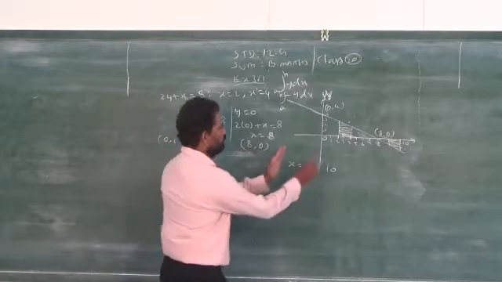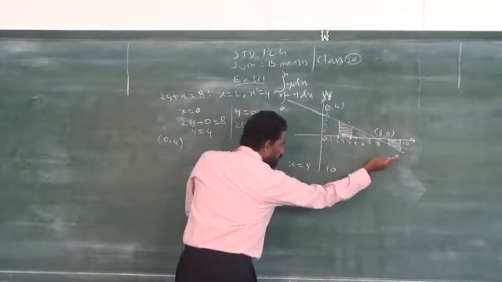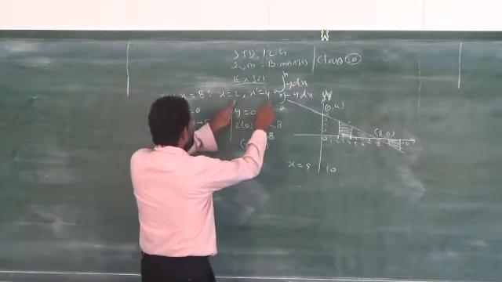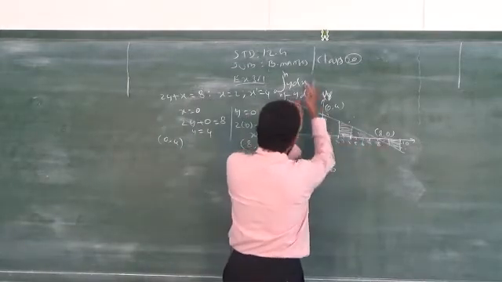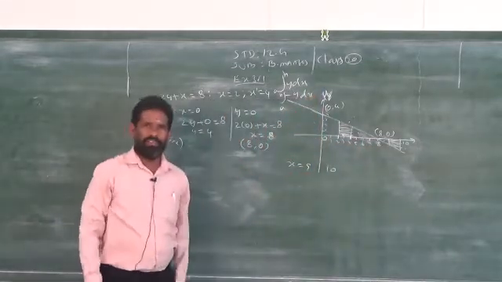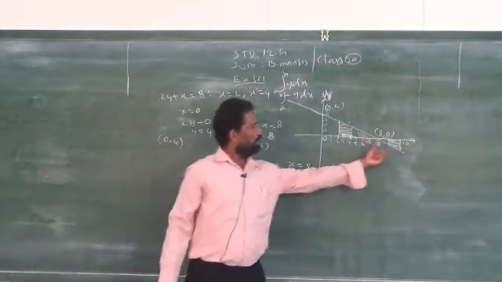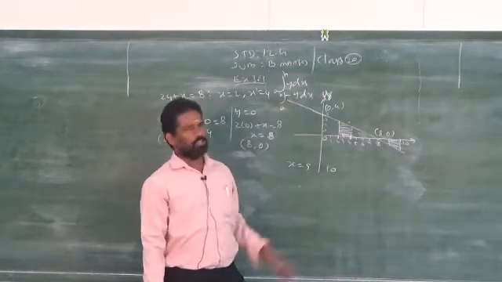So I explained with the help of an example: from 9 to 10, I got below the x axis, same straight line. When the limits are changed, you see a different formula, isn't it? Same straight line. When I change the limits, I get below the x axis. So in this case, you have to take minus y dx.